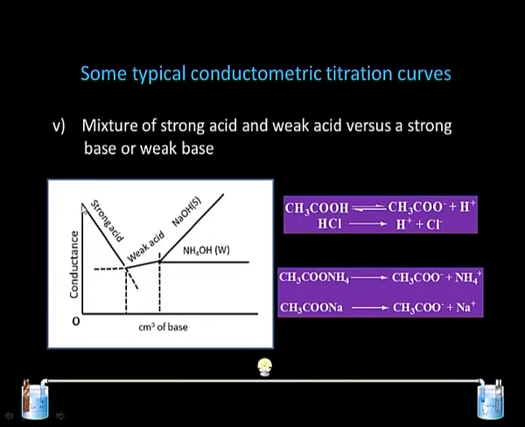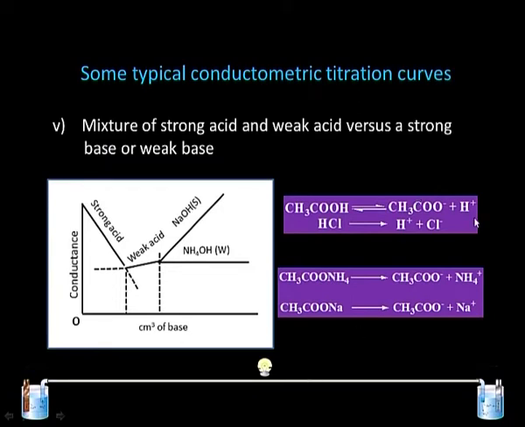If we take a strong acid, there is a fall in the conductance initially, which can be assigned to the formation of water and the loss of H plus ion from the solution, till it reaches a point known as the equivalence point. After that, the weak acid begins to dissociate.